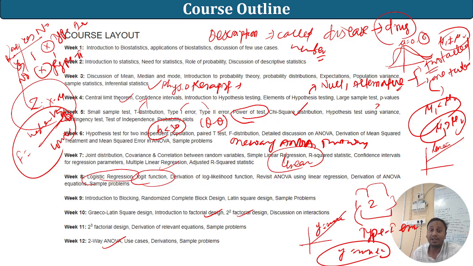If we talk about simple linear regression, it's actually for continuous variables. And logistic regression is for binary classification. So we have to see the differences, where we use simple linear regression and where we use logistic regression.